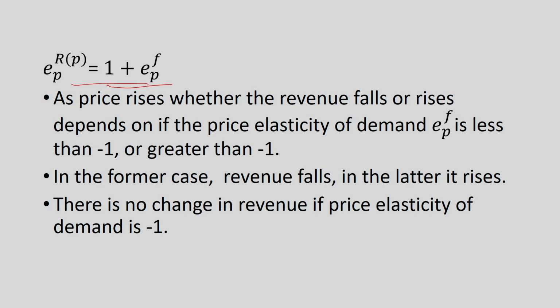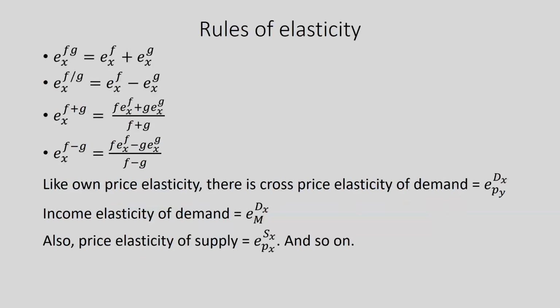And if it is the other case, that if it is greater than -1, then the latter rises, that is, the revenue rises as the price rises. If the price elasticity of demand is exactly equal to -1, in that case this right hand side becomes 0. So, as the price rises, the revenue does not change at all.